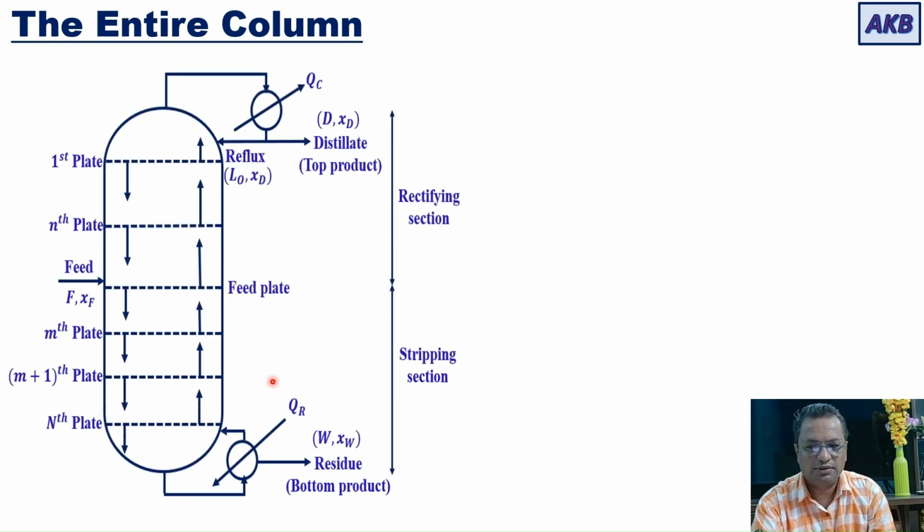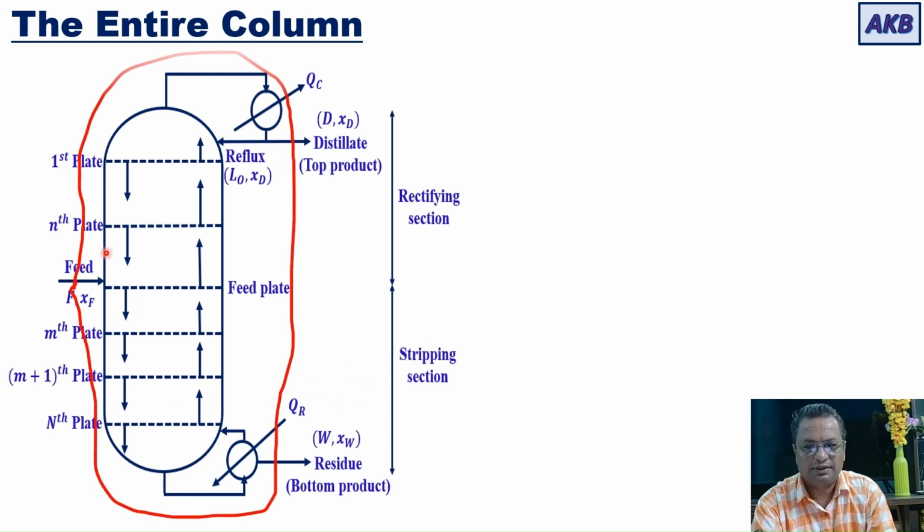Okay, so I'm showing the entire column. Now you can easily understand what material streams are going into it and what material streams are coming out of it. One is the feed stream going into the envelope.